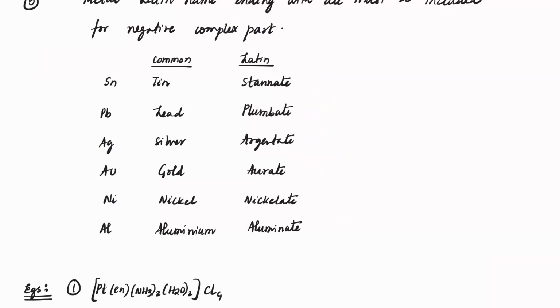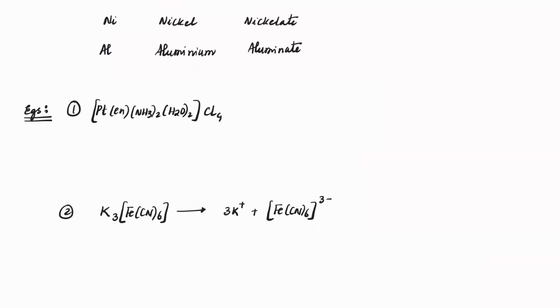Okay, now let's go one by one. Using examples, I'll explain each and every rule here. Please check the first case. The first case is a platinum complex with chloride outside.